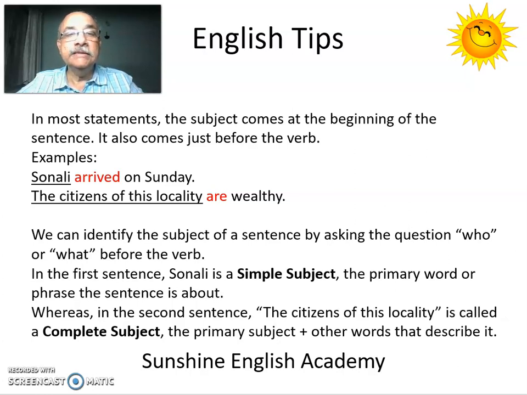So, the citizens of this locality is a complete subject in which the citizens is the primary or the simple subject. It is important to know the simple subject in a complete subject because the verb which follows the subject depends on the simple subject.